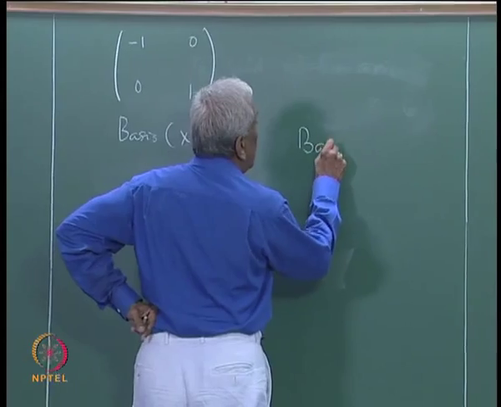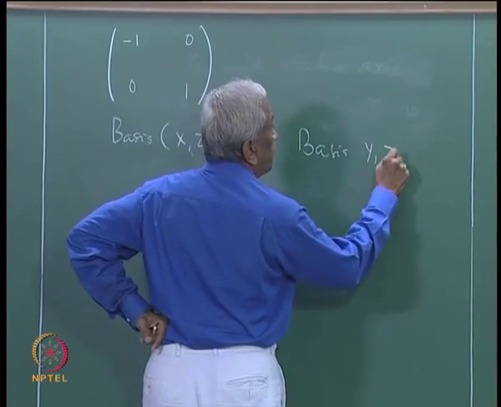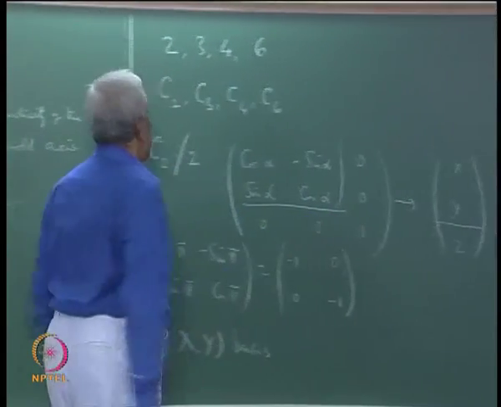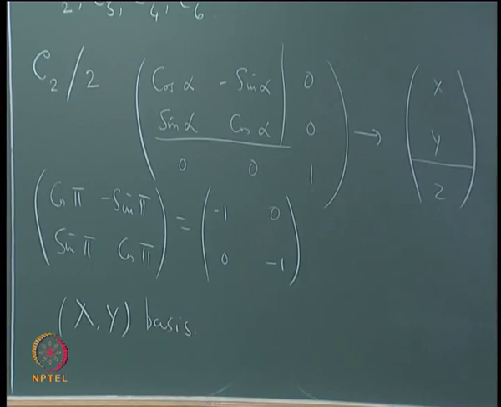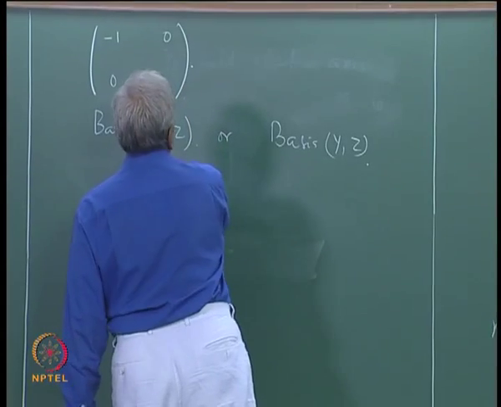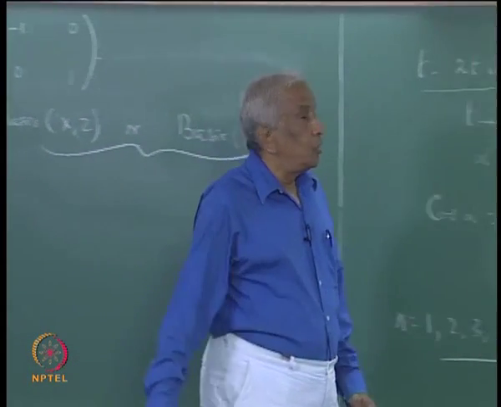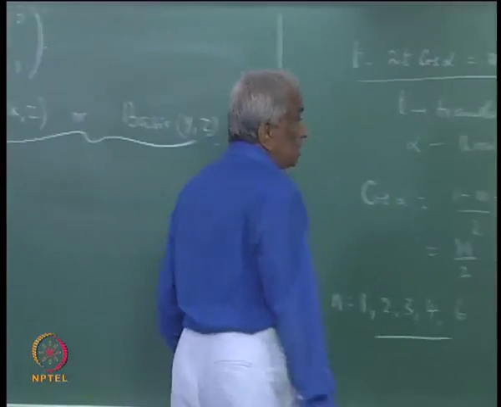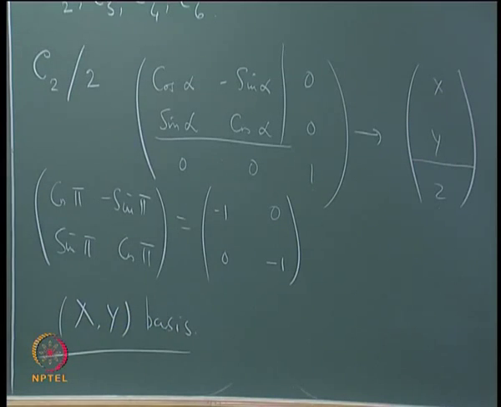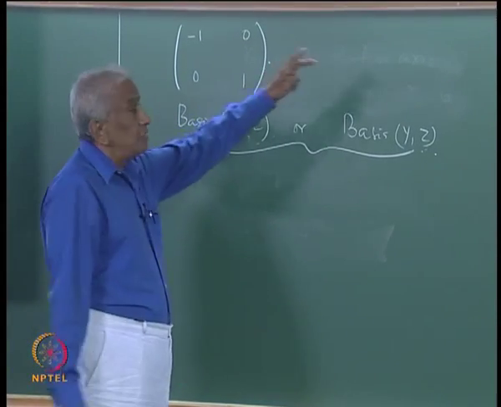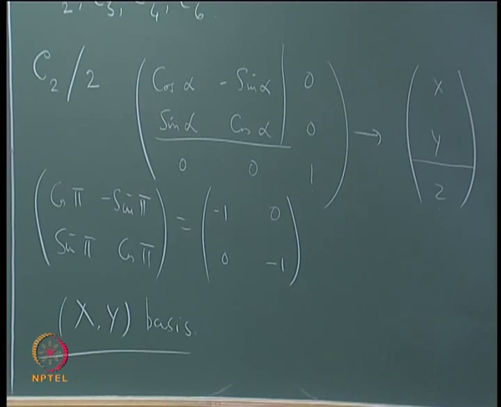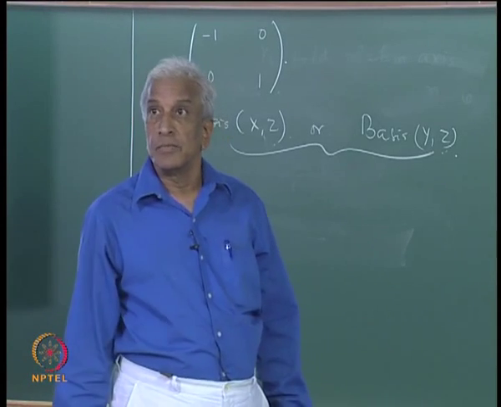Alternatively, we can also have basis y z. If that is the case, then we have cos alpha, 0, 0, 1. So, that is again the same matrix for both these. So, we have the possibility of 2 different representations depending on whether we choose x y as the basis or x z or y z as the basis. These provide the 2 different representations for the C2 rotation.